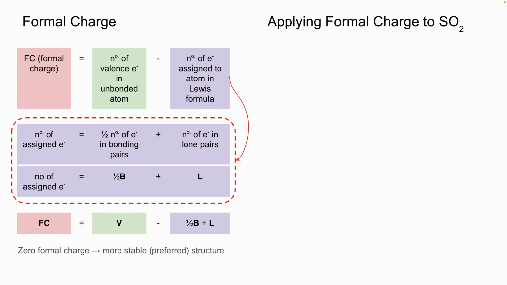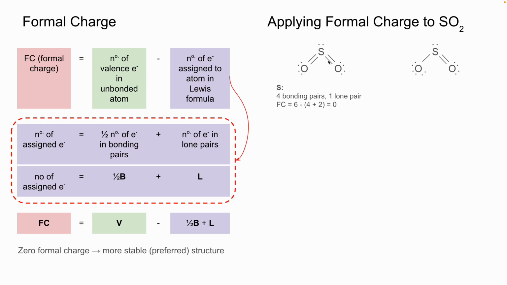Let's have a look at SO2 again. So here are 2 different versions of SO2. Sulfur has 4 bonding pairs, 1, 2, 3, 4, and 1 lone pair. The formal charge is therefore going to be the number of valence electrons. Sulfur has a valency of 6. So the formal charge is going to be 6, take away half the number of electrons in bonding pairs.